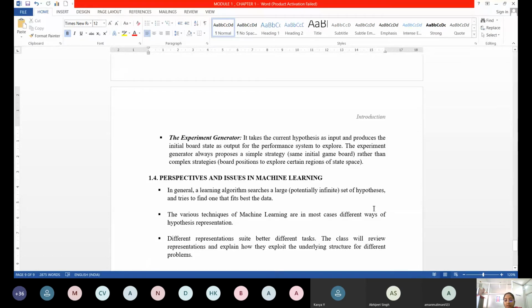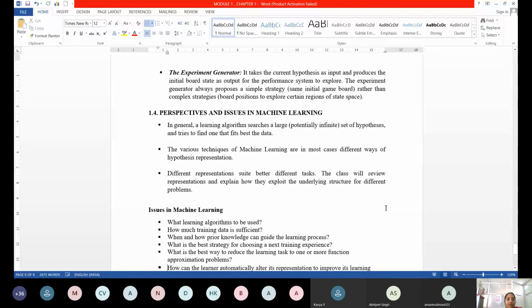In your chapter 1, the final topic is issues in machine learning. From tomorrow, I'll move on to chapter 2, because it is completely different from chapter 1.